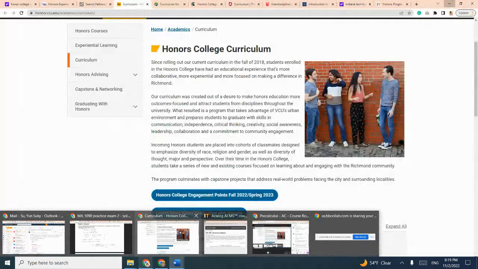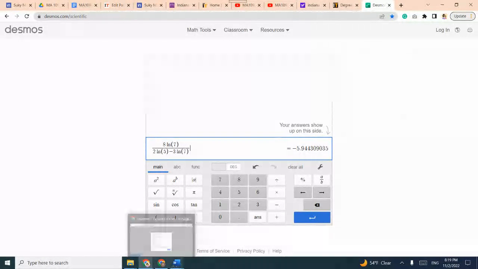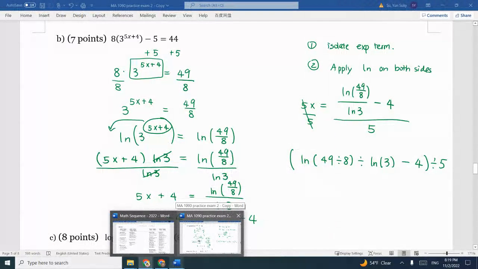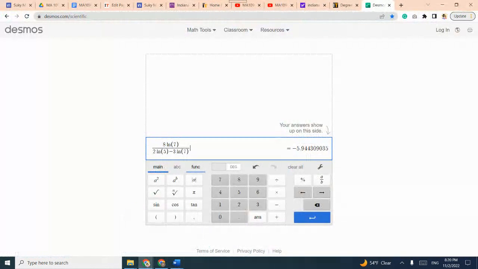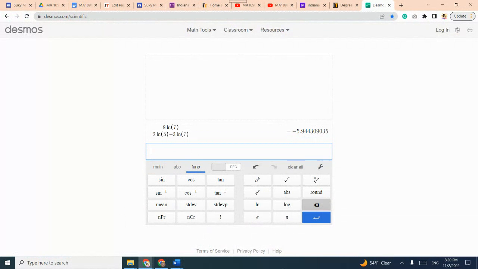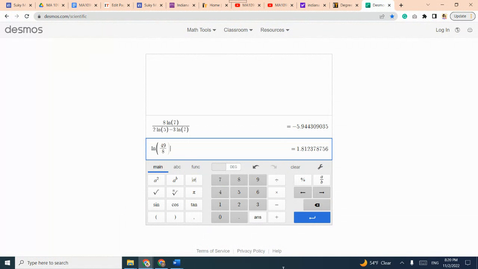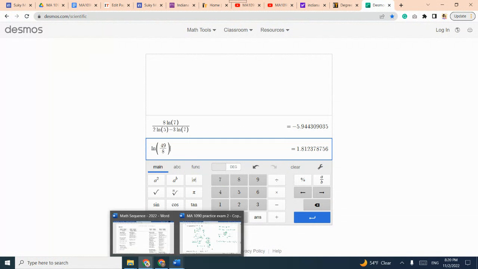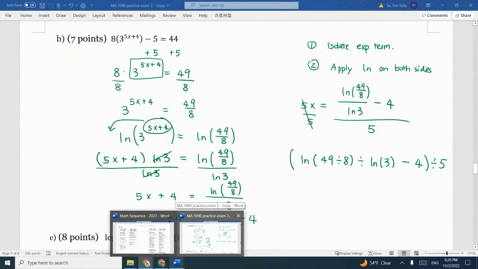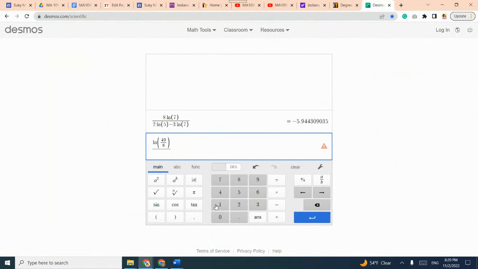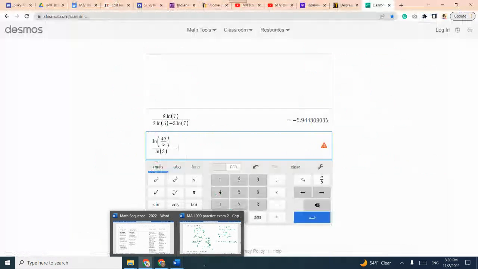So let's use our online calculator. What do we get? ln of 49 over 8, and then divided by ln of 3, close parentheses, and then minus 4, and then divided by 5.